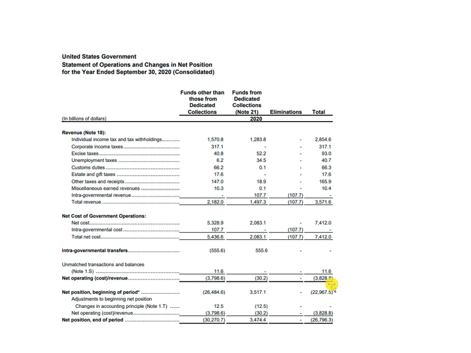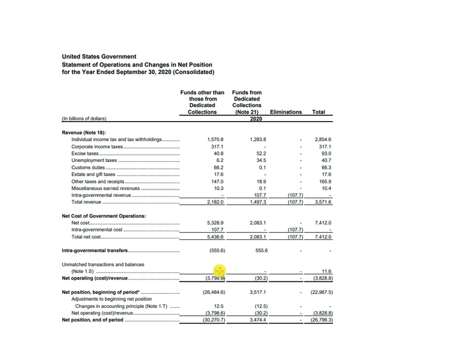Then the difference between these two is going to be the net operating cost or revenues. Obviously, this is a deficit, so it's a net operating cost. Equivalently, that's a loss. Also, you notice there's an additional line called unmatched transactions and balances.